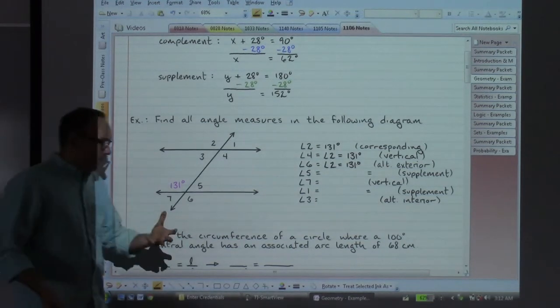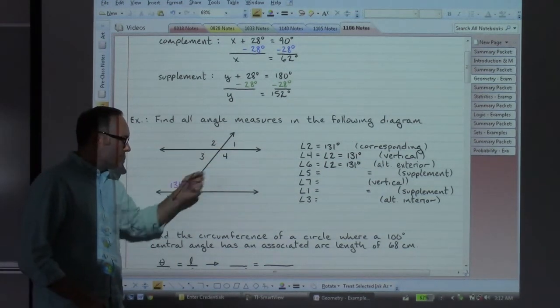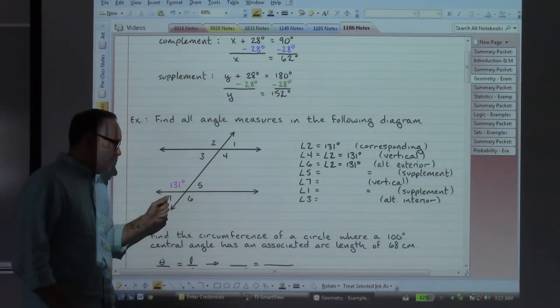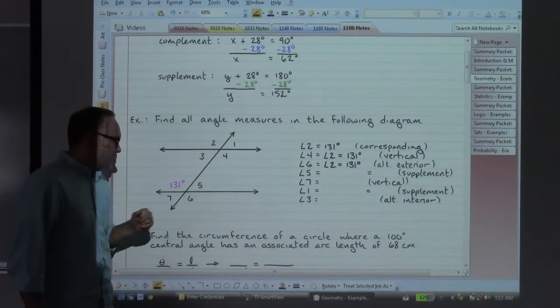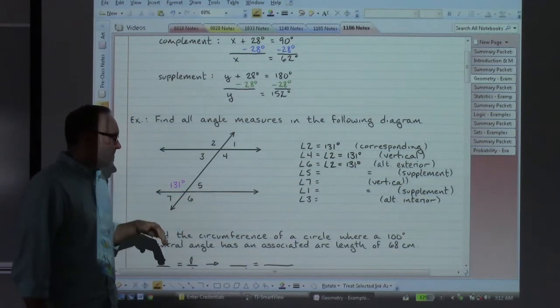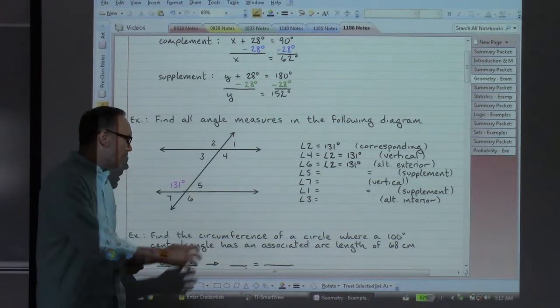Now let's mix it up a little bit. We've got several of the angles up top. We've got angles down here on the bottom. Angle 5 and angle 7 down here on the bottom are missing. Let's go ahead and throw in that idea of supplement that we were just using a moment ago.